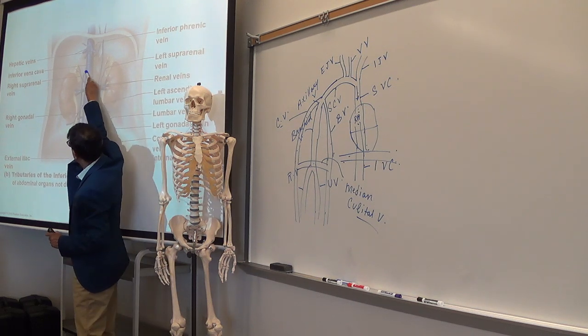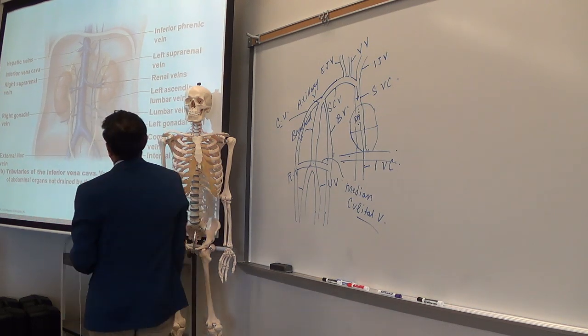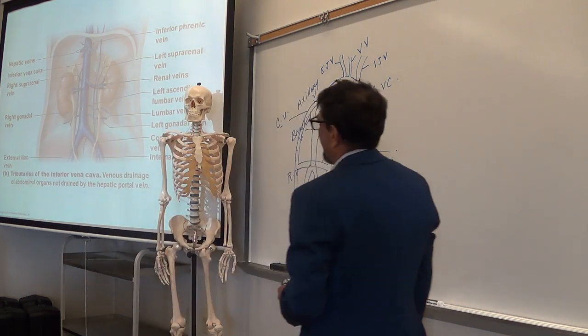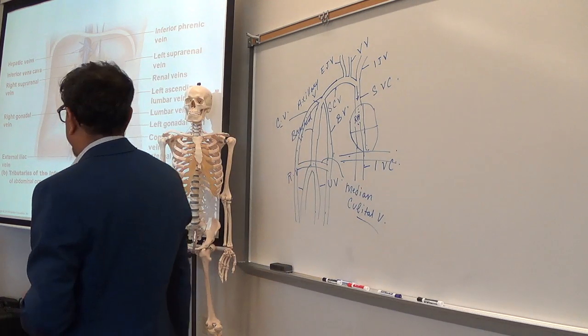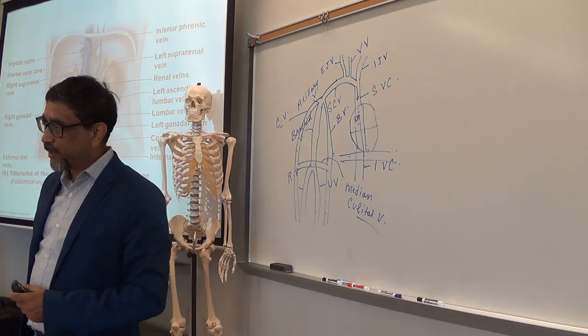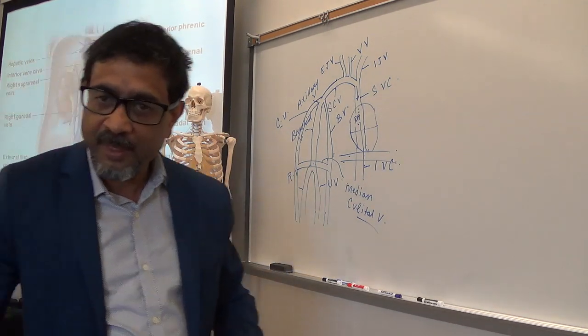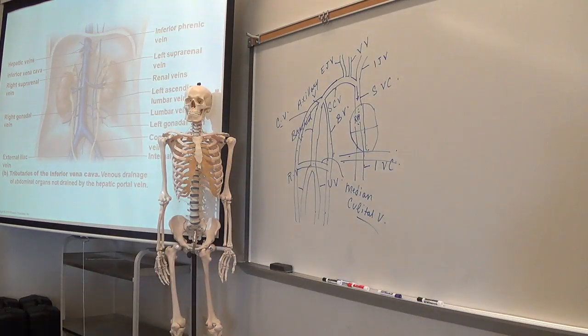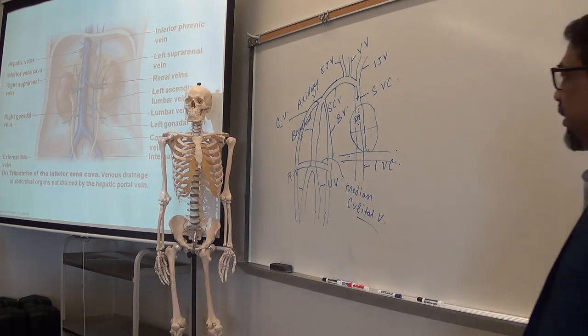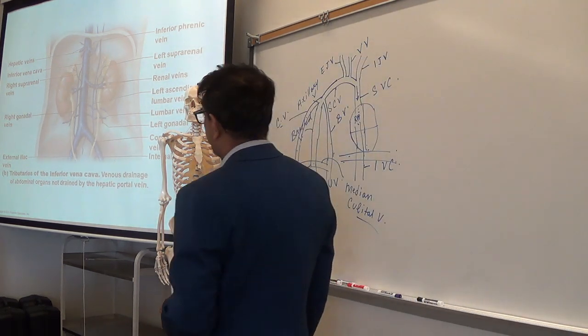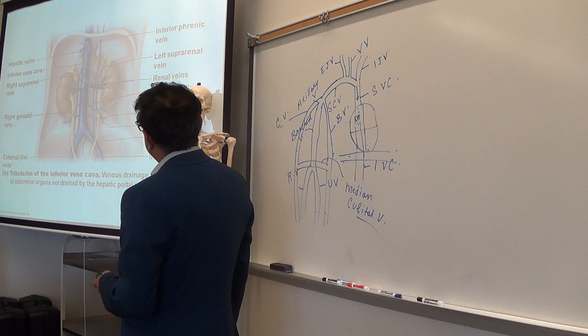Then renal vein gives blood to the inferior vena cava. So it is different here. The right and left. Right one is giving directly to the vena cava, suprarenal vein, but left suprarenal vein gives blood to the left renal vein first. Okay.